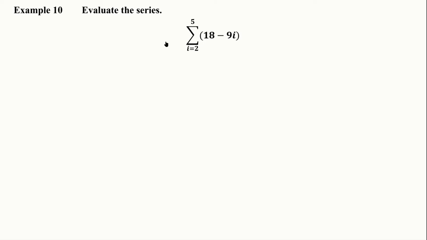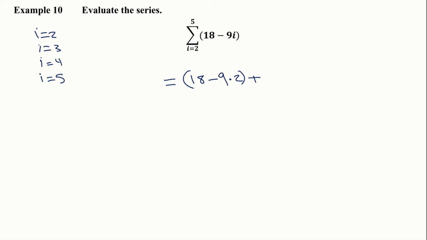Okay, so this time we've got to be careful. The index is starting at 2. So the first term that we're going to be adding is going to be quantity 18 minus 9 times 2. The values of i we're going to run through are i equals 2, i equals 3, i equals 4, and i equals 5.